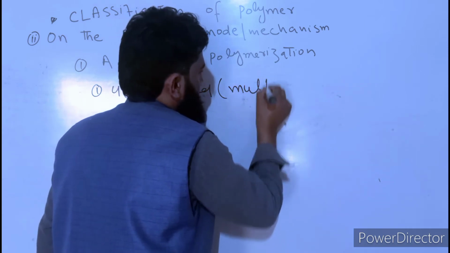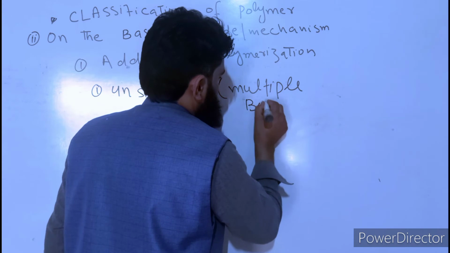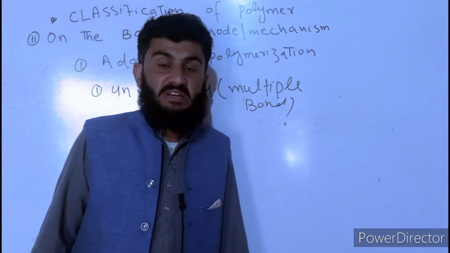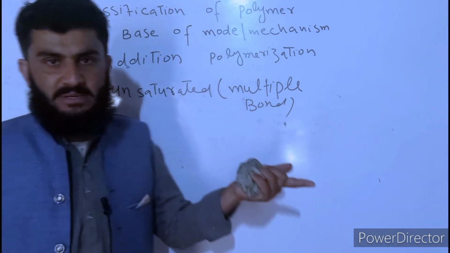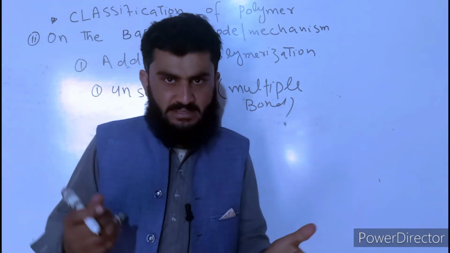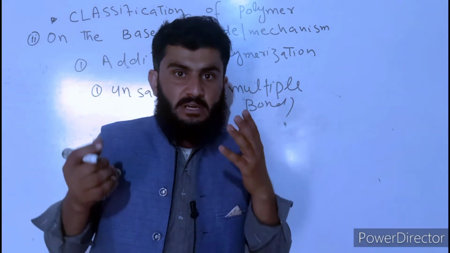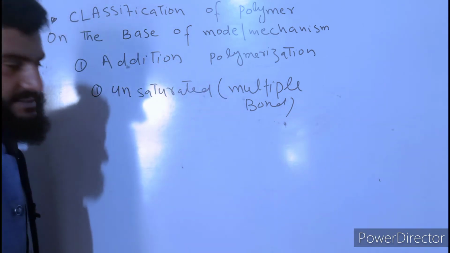Multiple bonds means unsaturation. Just clear? Okay. So addition polymers have monomers that are actually unsaturated, or they have multiple bonds.